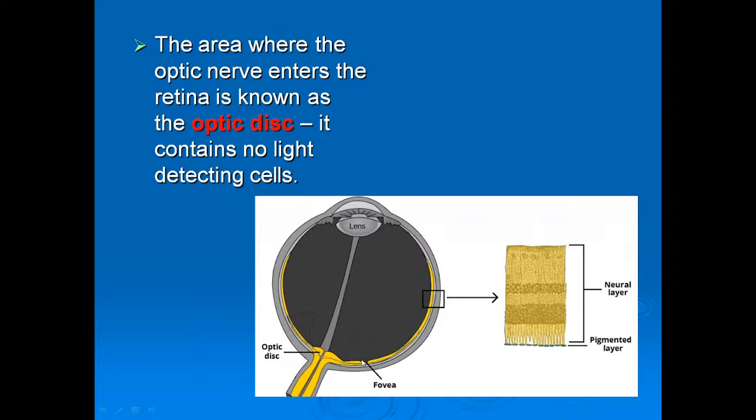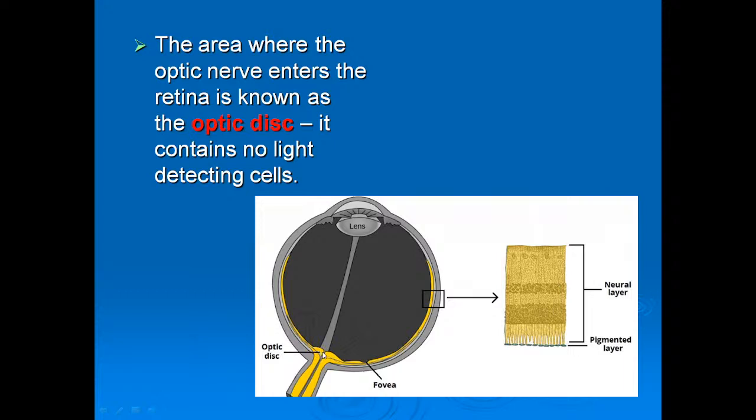And the area where the optic nerve enters the retina is known as the optic disc. Optic disc. It contains no light detecting cells.